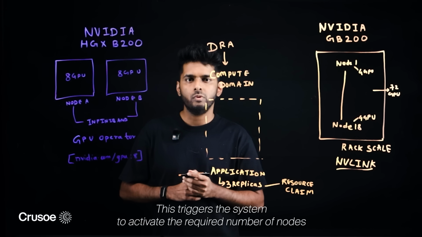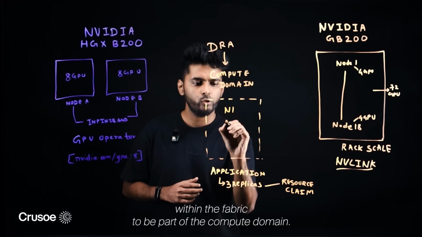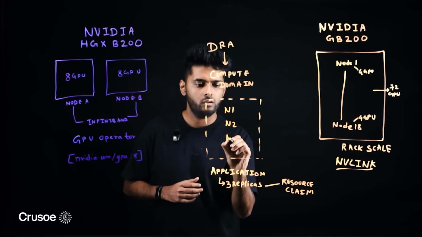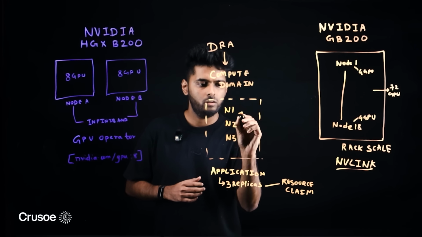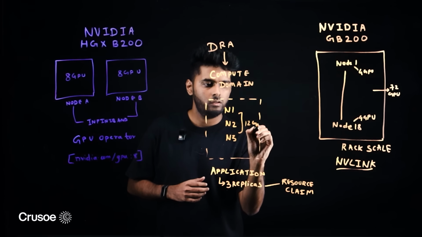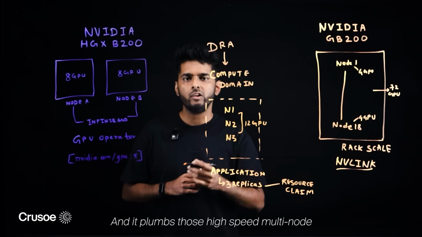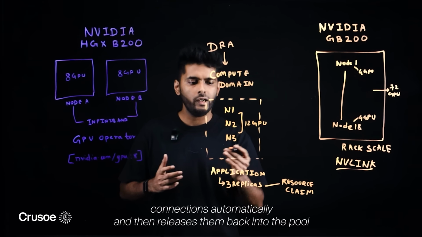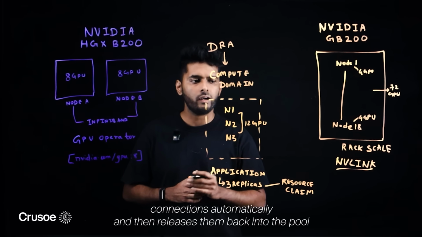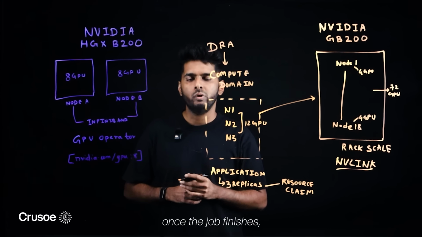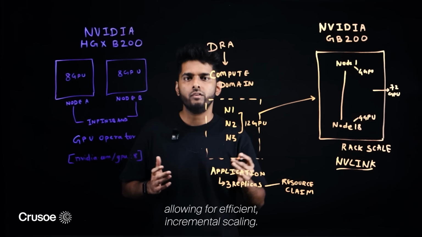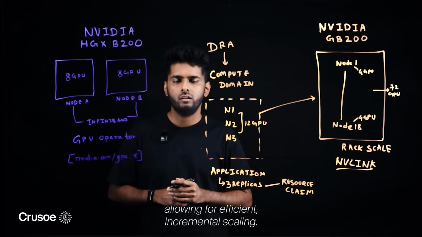This triggers the system to activate the required number of nodes within the fabric to be part of the compute domain, and it plumbs those high-speed multi-node connections automatically, and then releases them back into the pool once the job finishes, allowing for efficient incremental scaling.